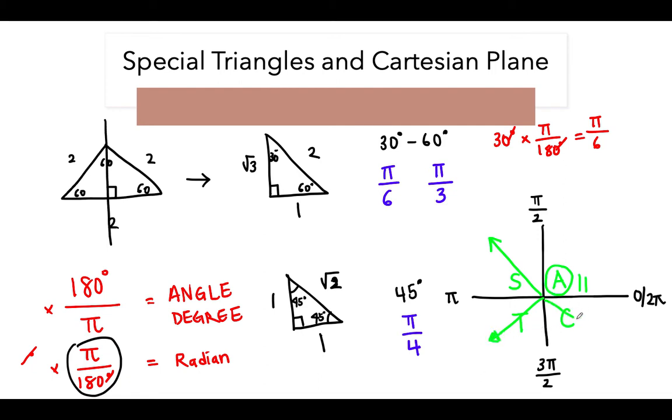And in quadrant 4, cosine is the only ratio that is going to give me a positive answer. So what does that mean? Sine and tangent in quadrant 4, where there's C, are going to give me a negative answer. Okay, so this is useful when you're looking for the exact answer, considering the sign of the ratio using CAST.